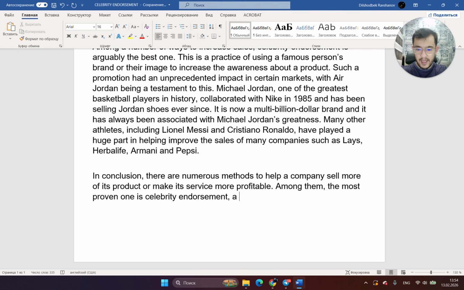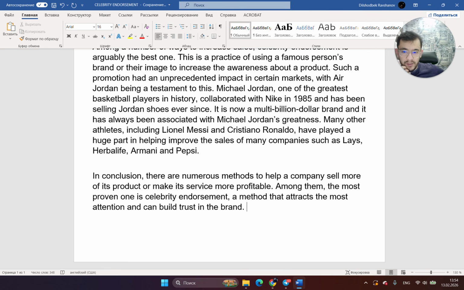And we can say a method that brings or that attracts the most attention, because awareness is attention. So we can say a method that attracts the most attention and can build trust in the brand.